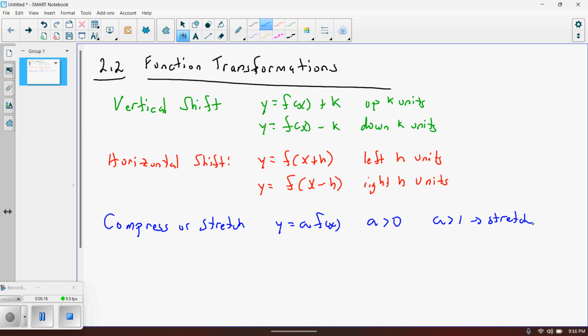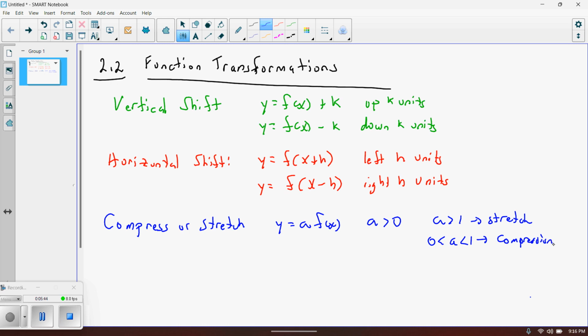So just think about if you had some kind of a function, and again, we'll write an actual example up later, and you multiply the entire function by 2, well, now you're making the y value bigger faster for whatever the same value of x would have been. If a is in between 0 and 1, this will be a compression.